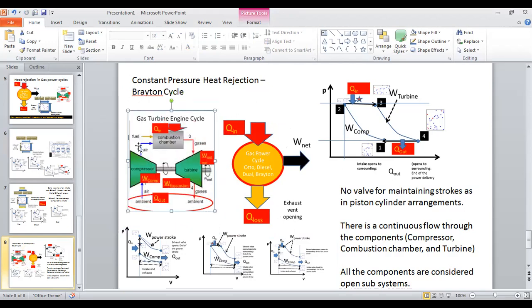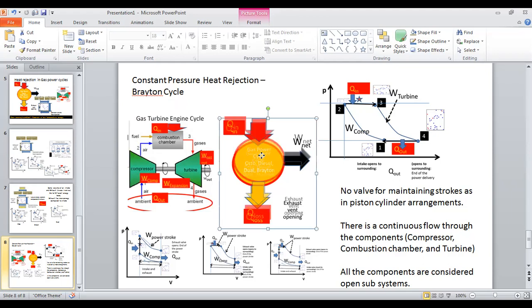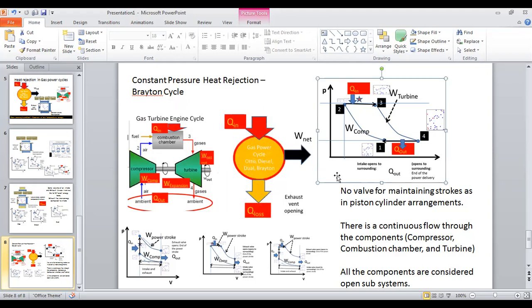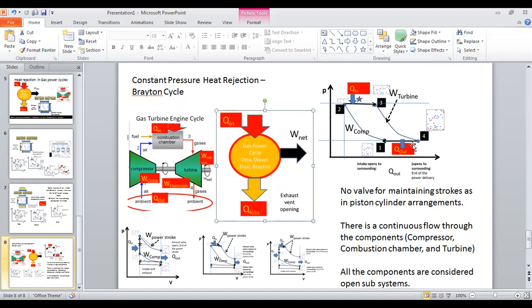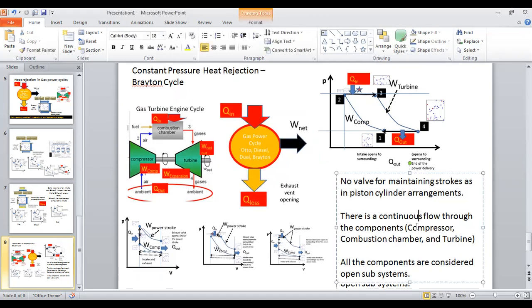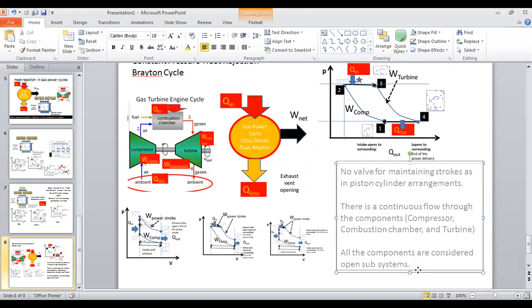In, out from compressor goes to combustion chamber in. Combustion chamber out goes to turbine. Turbine out goes to this low temperature reservoir. So that's how it is. So this is the justification.